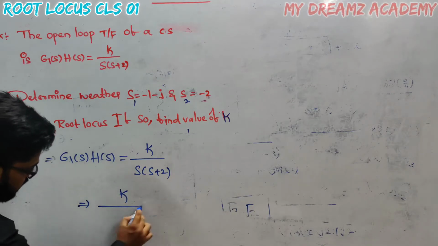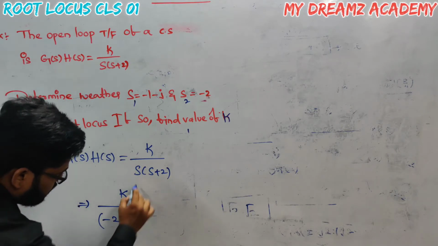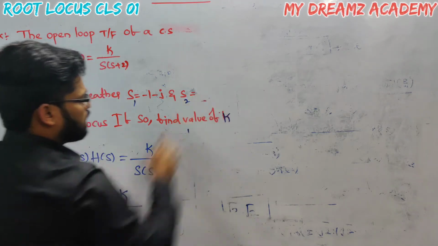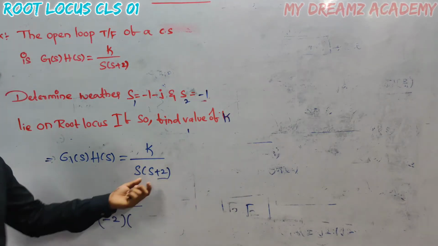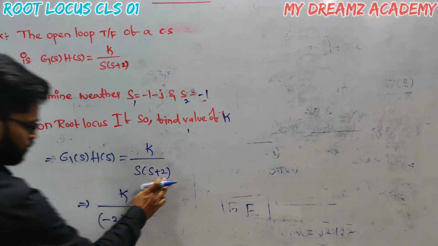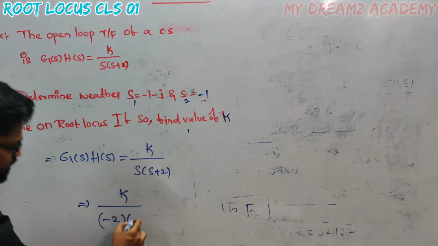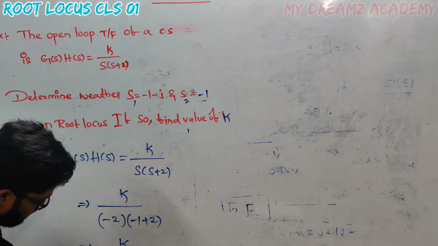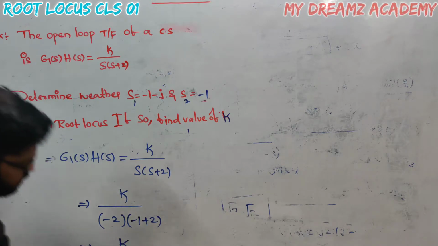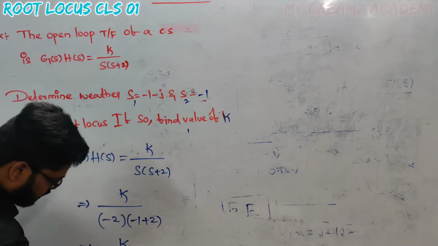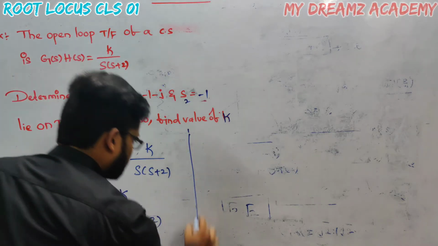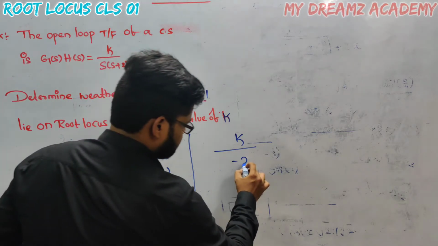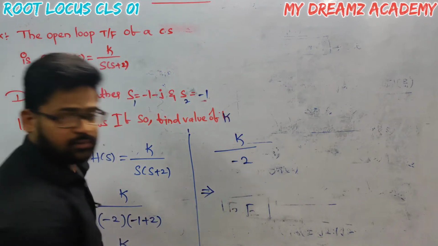So K by minus 2 plus 2, which would give 0, so we change this point to minus 1 for evaluation: minus 1 plus 2 will give 1. So K by minus 2, and we will find angle and magnitude.